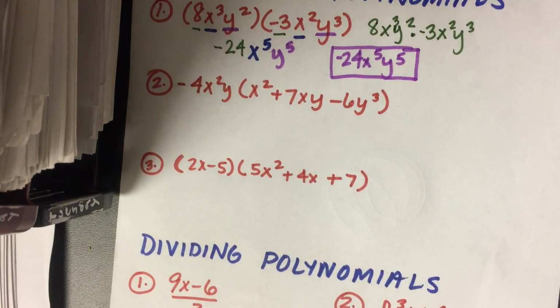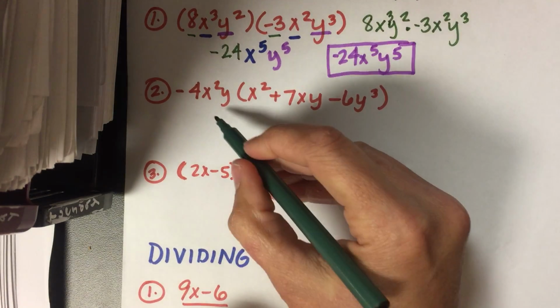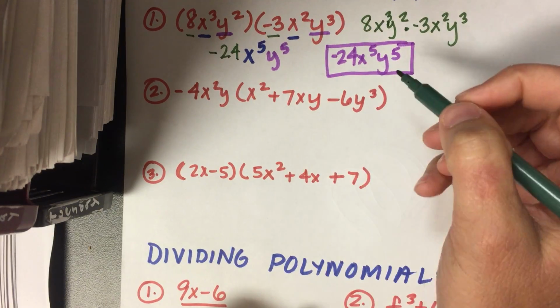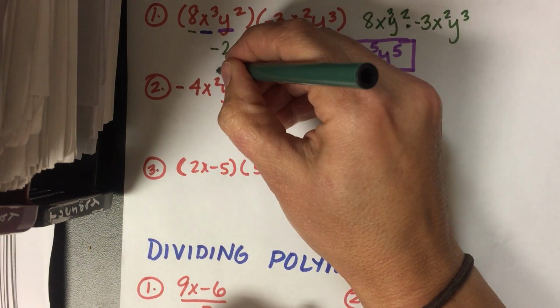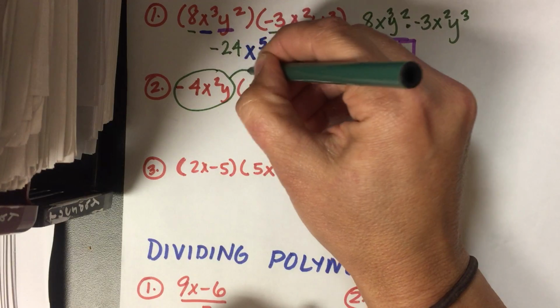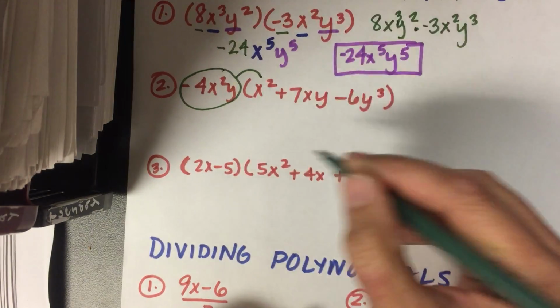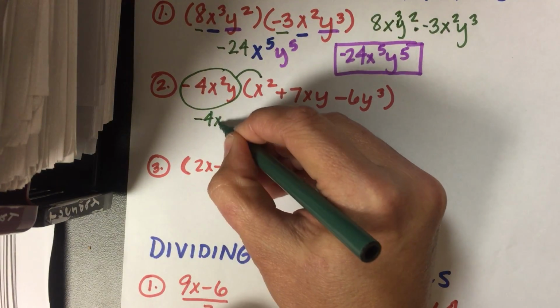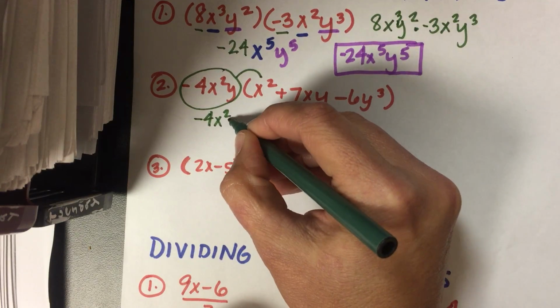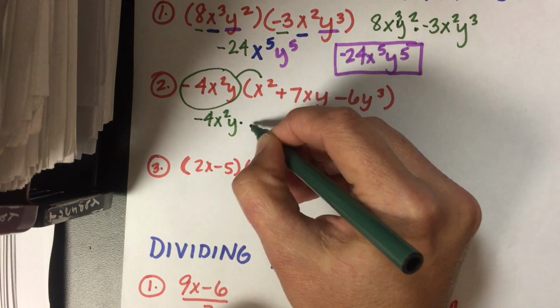So let's look at number 2. Number 2, we are going to use the distributive property because we've got a monomial times a trinomial. So let's distribute. I'm going to take this factor and multiply it by each term. So I have negative 4x squared y times x squared.